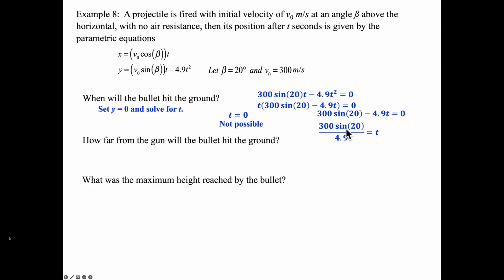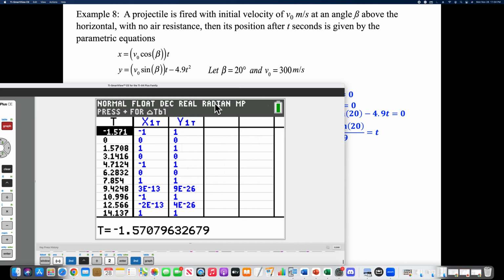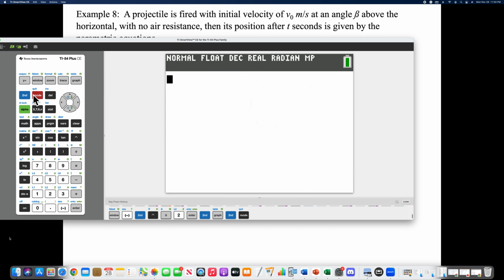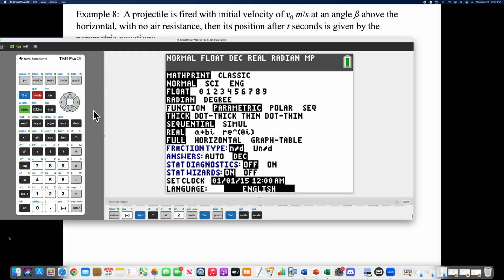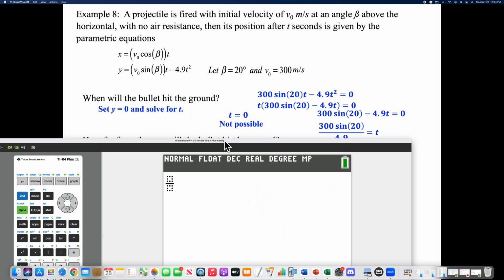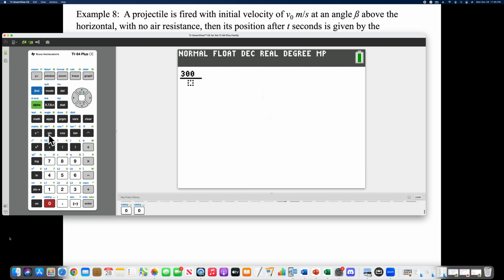Go to your calculator, type it in. Just make sure that when you type this in, your mode is in degrees. So I would have to change this. Go to your mode, change my radians to degrees. So t equals a fraction, and then I can type everything in. So 300 sine, I believe it was sine, right?